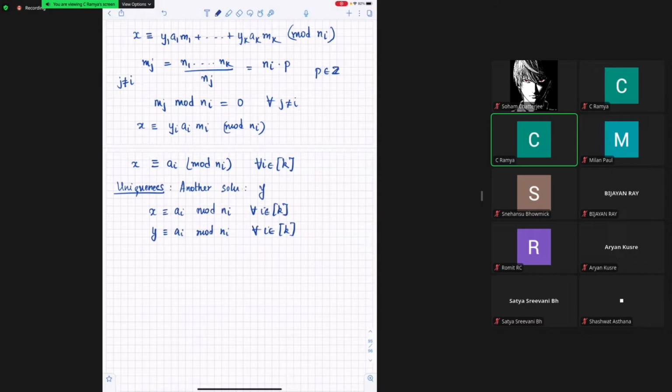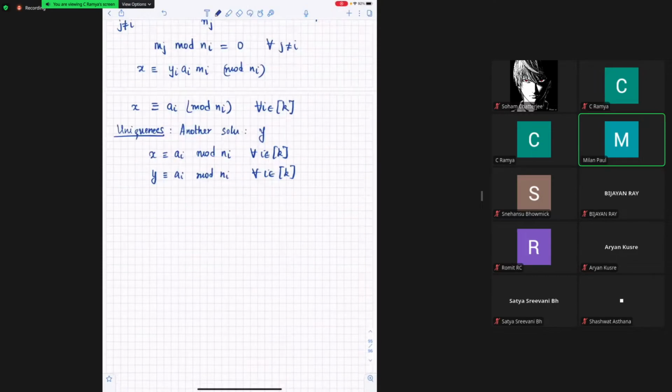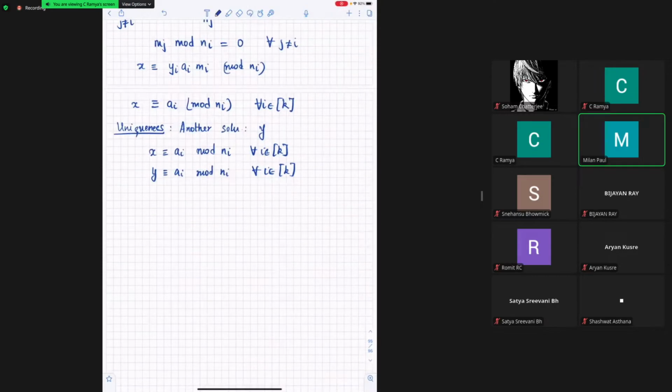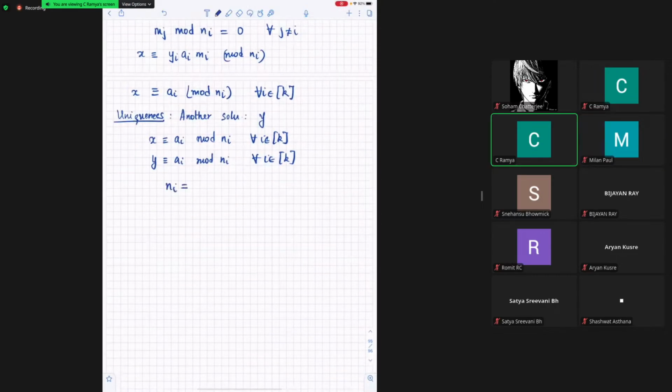So this means that ni divides x minus ai and ni divides y minus ai. So what can you say from this? x minus y is congruent to 0 mod ni. So ni divides x minus y. In other words, x minus y is congruent to 0 mod ni.